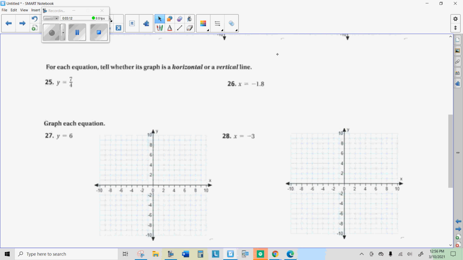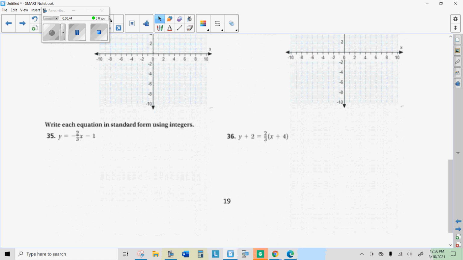When it's y equals some constant, like y equals 5, that will be a horizontal line at 5 on the y-axis. When it's like x equals some number, like negative 2, that will be a vertical line. Doesn't look real vertical, but imagine it is, at x equals negative 2. So when you do these problems, think about that. Some notes to help you.